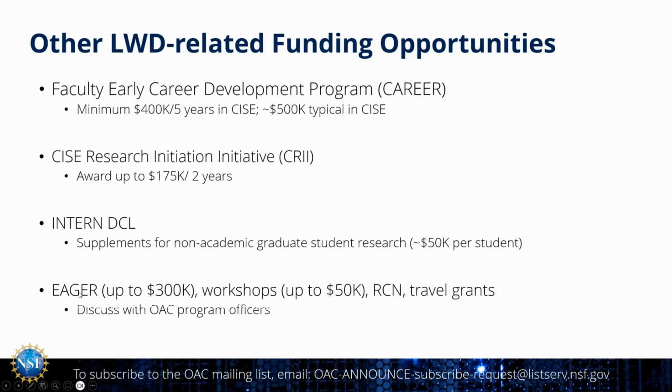We also have EAGER, which you can ask for if you have some really ambitious and exploratory stuff. If you want to organize workshops, then you can ask for some funding up to 50K. You have research coordination networks, if you want to create a network for a research community. There are also travel grants, like some of you probably got these travel grants to attend the MUG workshop, right? So you have a few opportunities like that. And of course, a lot of our cyber training awardees themselves run summer training programs and so on.